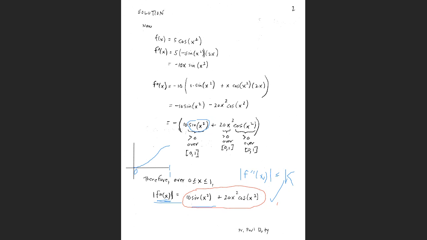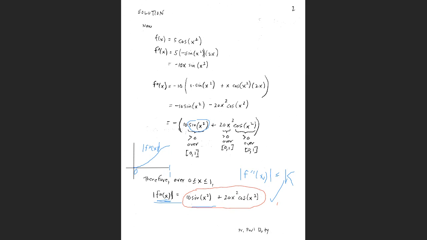So what x would we use? Here's a graph of the absolute value of the second derivative, right here.